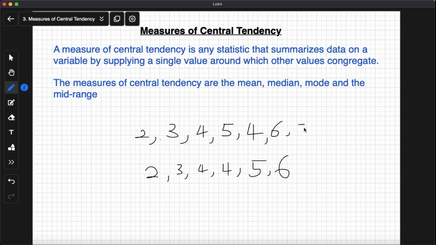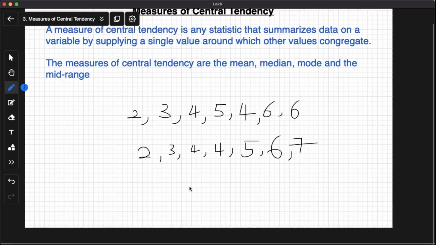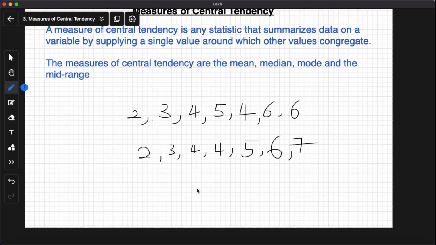Let's assume we have 7 here also. The idea is that there is a particular value surrounded by every other value, meaning that, let me use a dot.